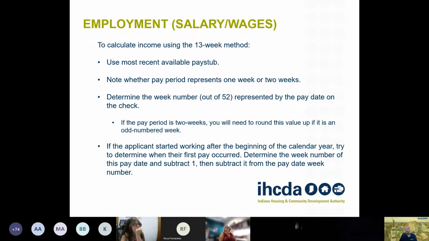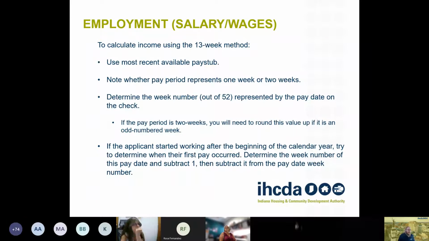So with the 13-week method, you can use the most recent available pay stub. You do need to note whether the pay period represents 1 or 2 weeks. You can then determine the week number out of 52 weeks represented by the pay date on the check.